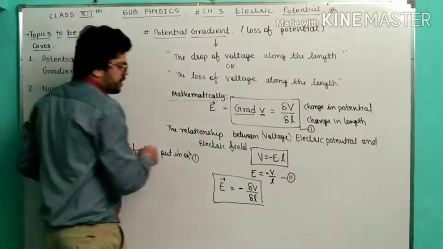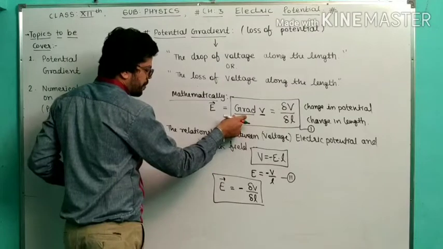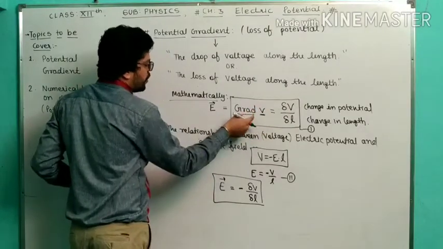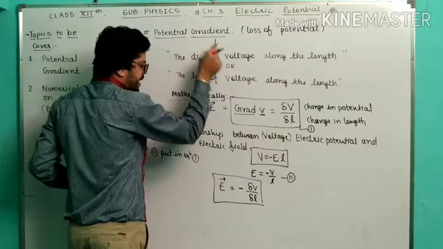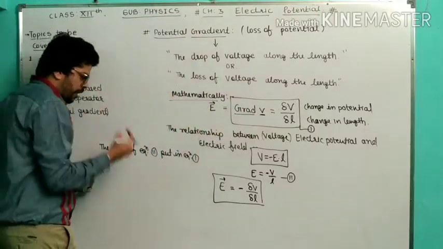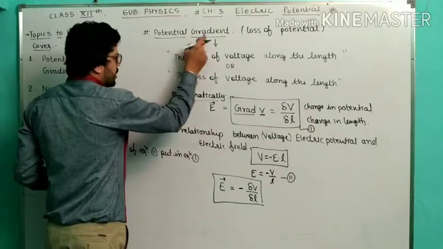So in equation number first, I just replaced gradient V, meaning potential gradient, by electric field. So what important things do we get here?